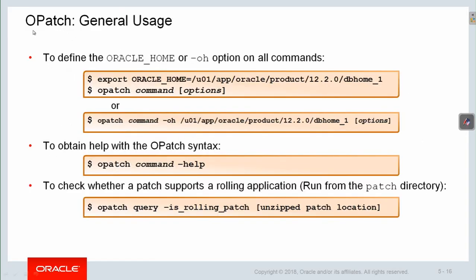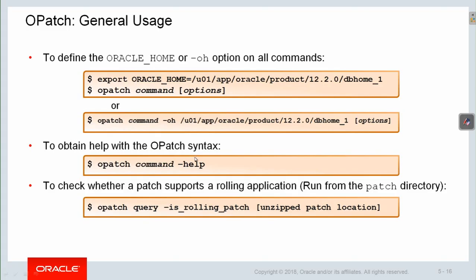When you apply a patch using OPatch, you will have to know the usage of OPatch. Export Oracle Home, and check for the OPatch commands and options available, in two different ways. You can run the opatch -help command, which will show you the list of OPatch syntax.